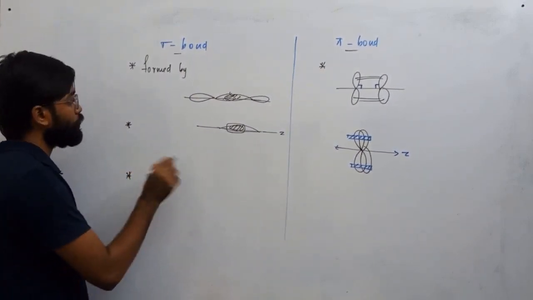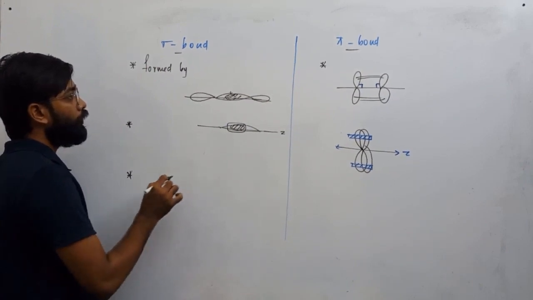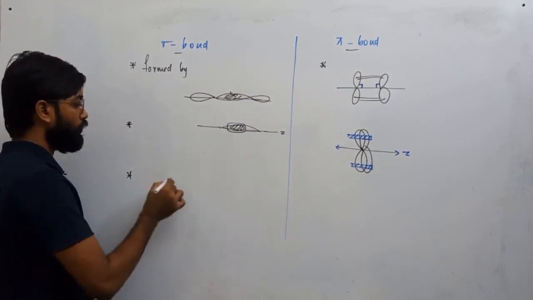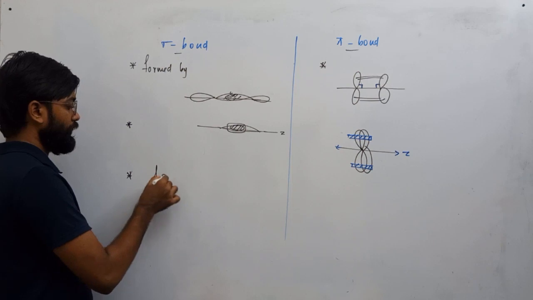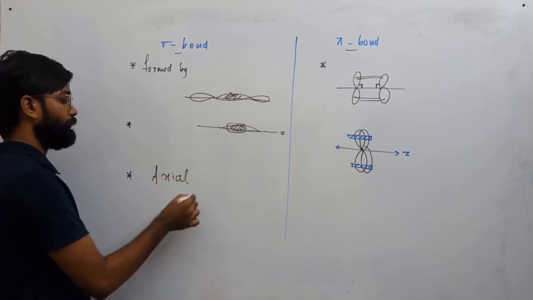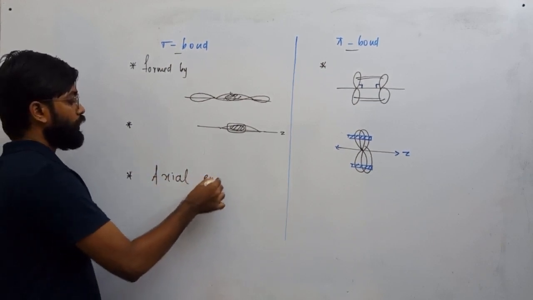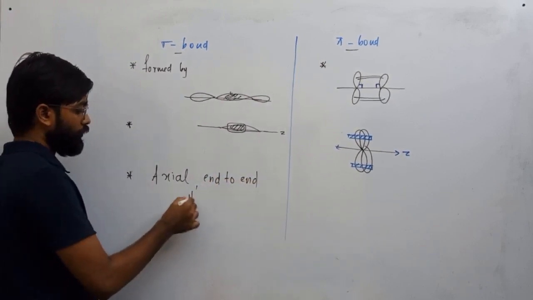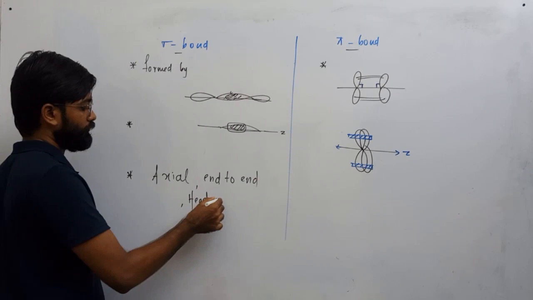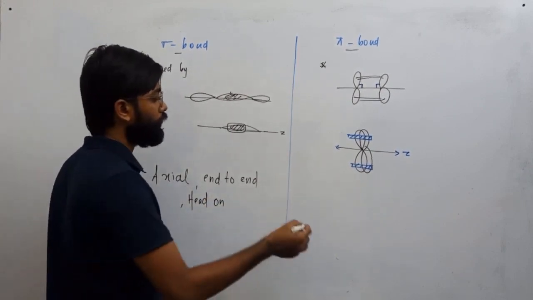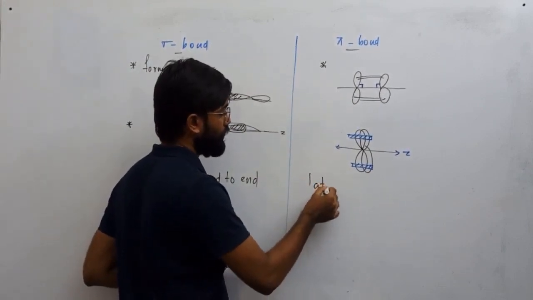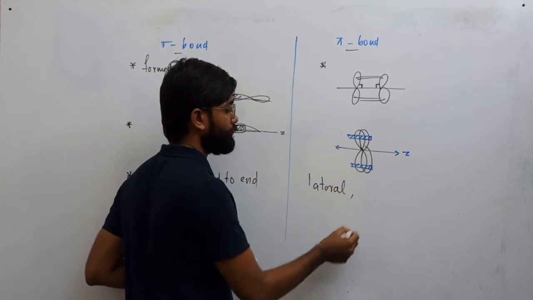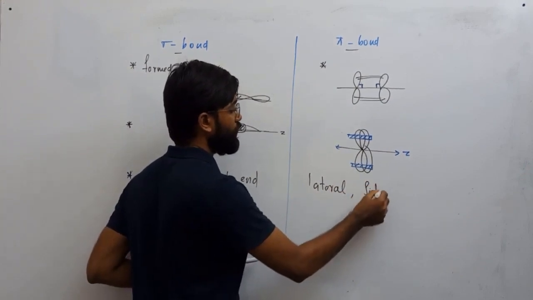Next point. Overlapping is also known as axial overlapping, end-to-end overlapping, or head-on overlapping. Here, overlapping is also known as lateral overlapping or sidewise overlapping.